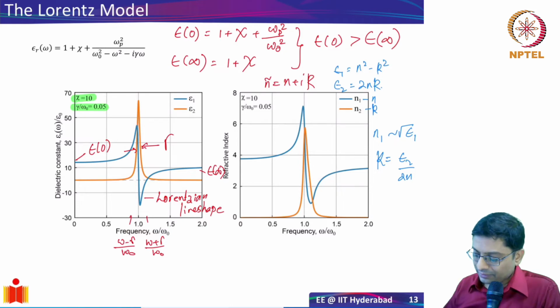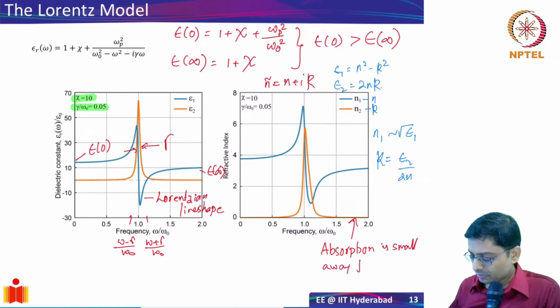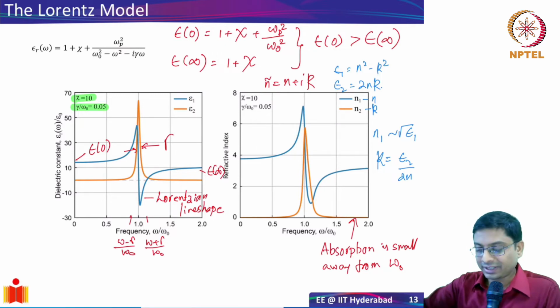If you are far away from the resonance, absorption is small. Away from omega naught, absorption is small, and at omega naught there is a significant amount of absorption. This characteristic dispersion is shown, the way the refractive index changes with frequency.